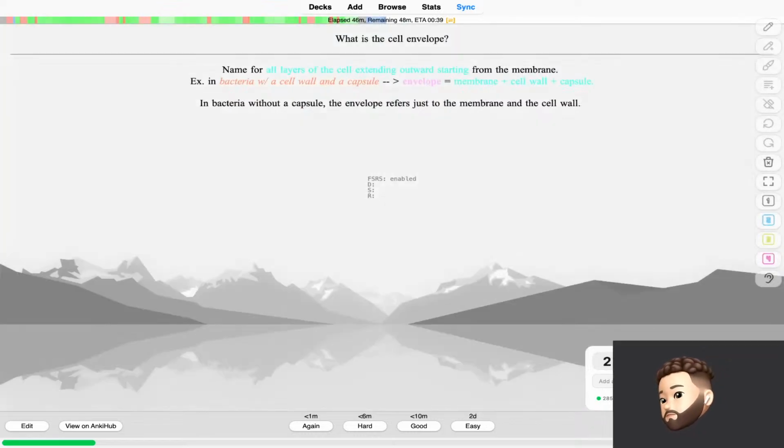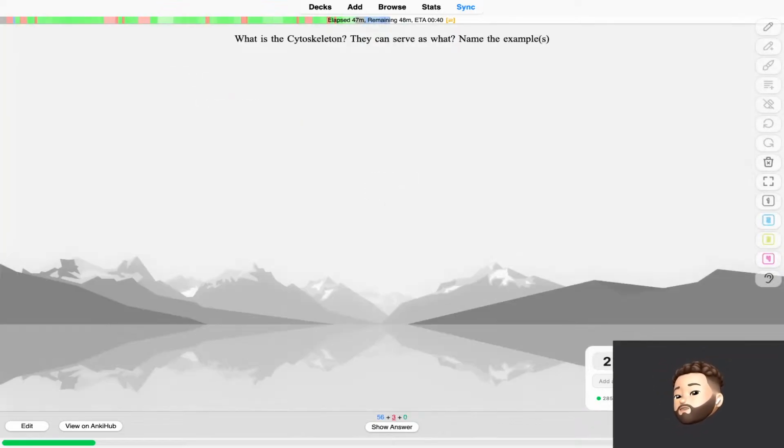What is a cytoskeleton? The cytoskeleton is the structure within the cell that helps to provide support. They can serve as transport pathways. There are three main types of cytoskeleton parts: microtubules, microfilaments, and intermediate filaments.